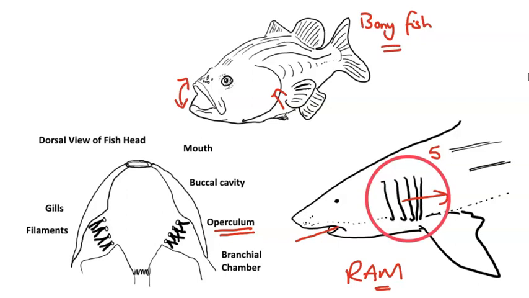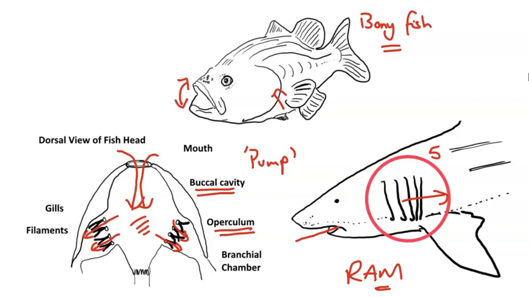What they do is that when they open their mouths, there's a negative pressure that sucks water into the space behind its mouth, which is known as the buccal cavity. Hence why we're calling this the buccal pump. Now the water then is pressurized, the mouth is closed, the water in this region is pressurized and forced across these structures here, which are the gill arches.